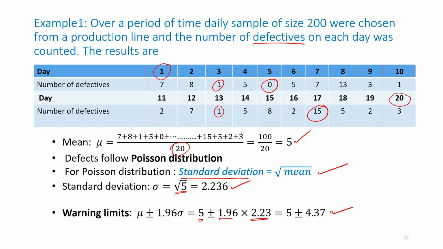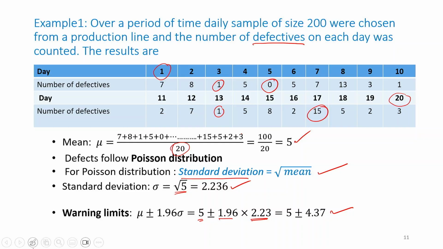So it will be 5 plus minus 4.37. That is my warning limit. On the positive side, it can go to 9.37, and on the negative side, 1.37. That is the range in which the warning limit lies, almost 1 to 9.